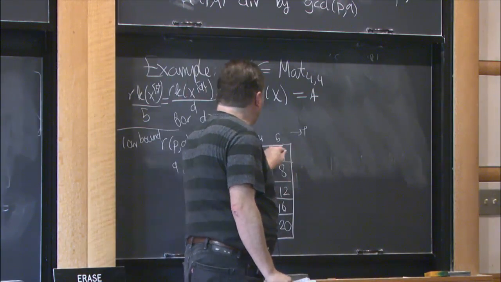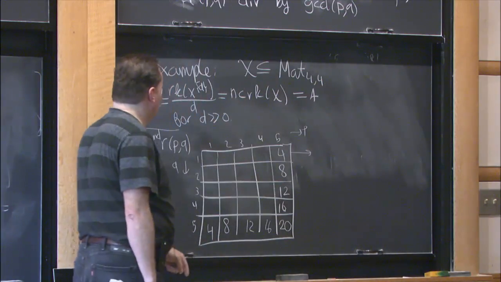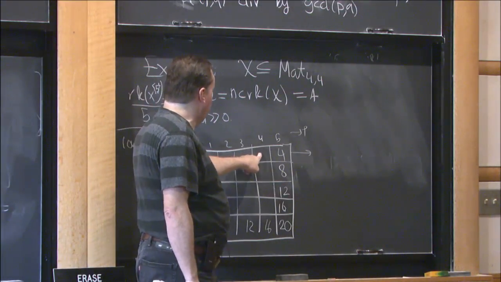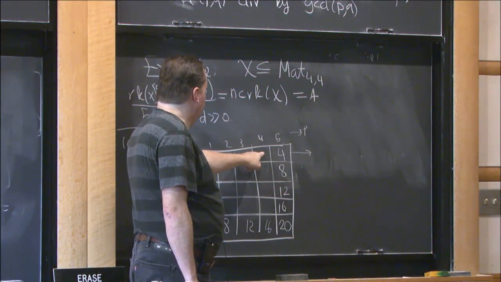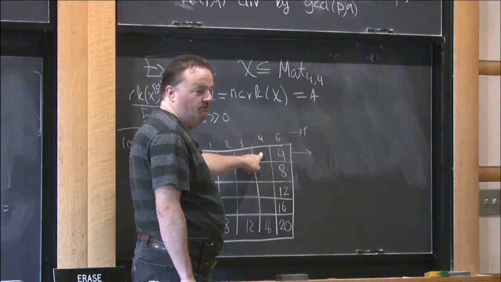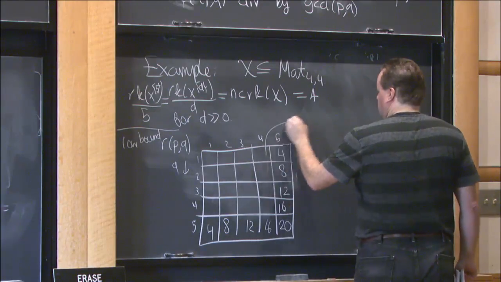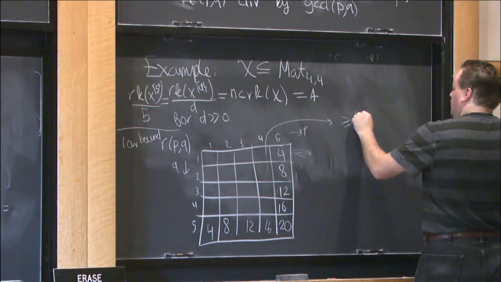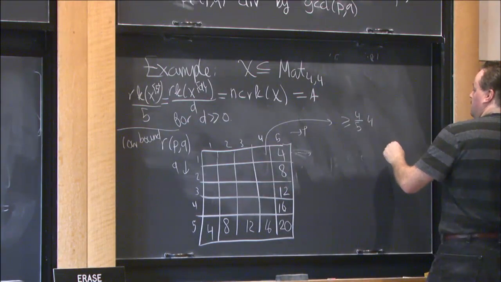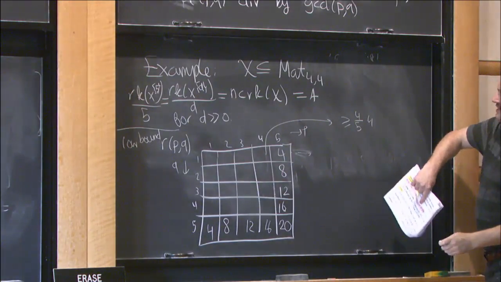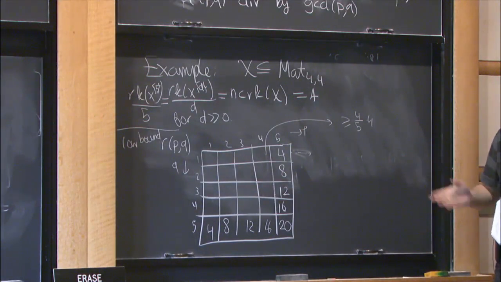Now if you look at this row here, then this entry should be at least 4/5 times 4. But 16/5 is more than 3, so it should be at least 4.